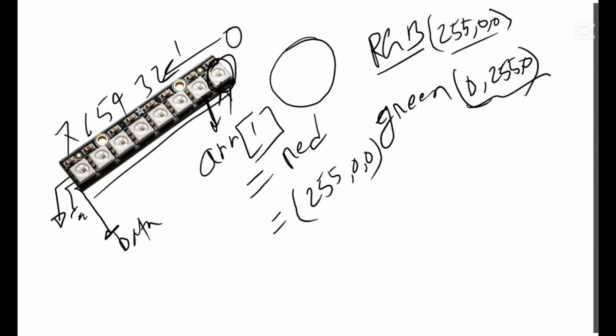Both of them are the same. It means you are setting array 1 to the value of red, so this LED will light up as red. This is pretty simple. Let's go to the coding and see how it works.